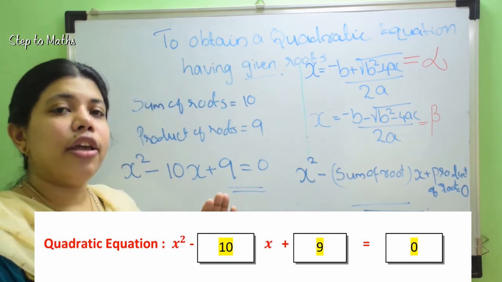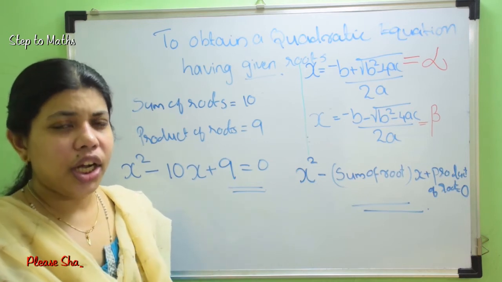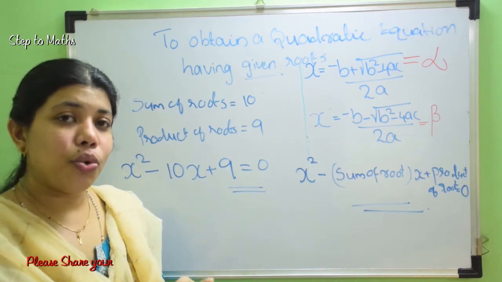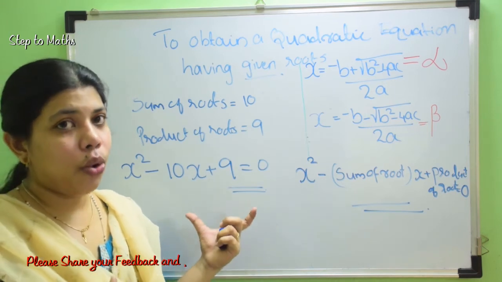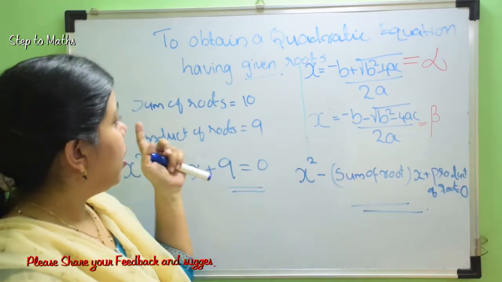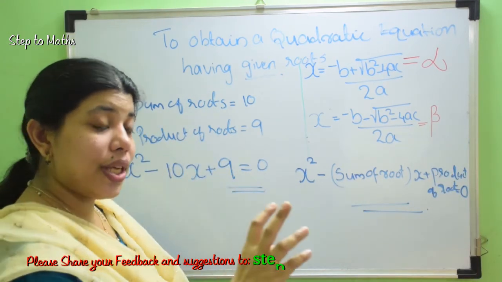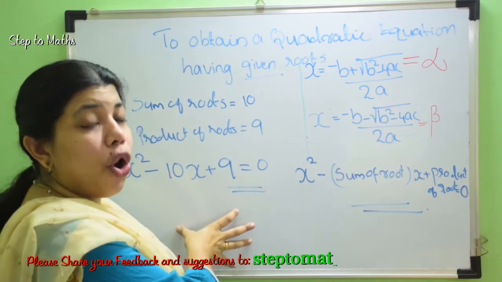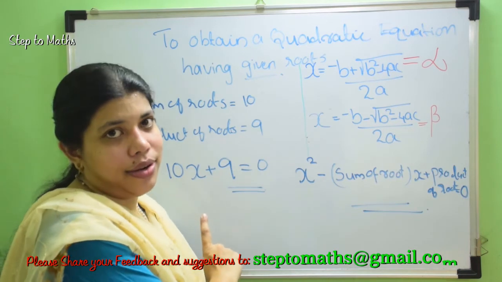That means if the two roots are given, or if the sum and product of roots are given, using that we can form the corresponding quadratic equation.